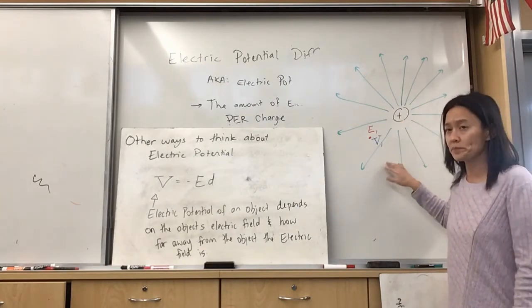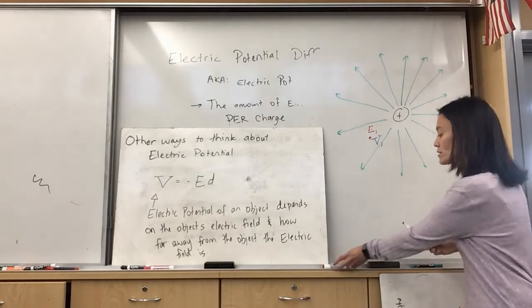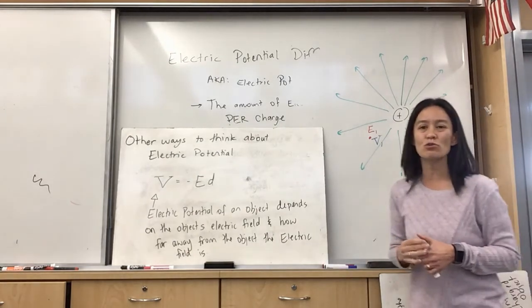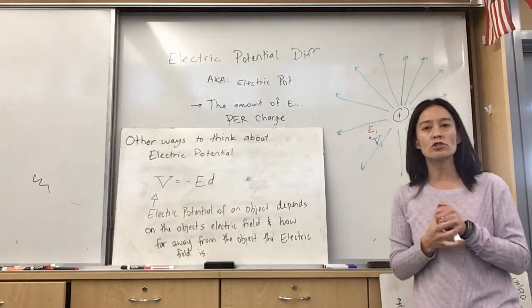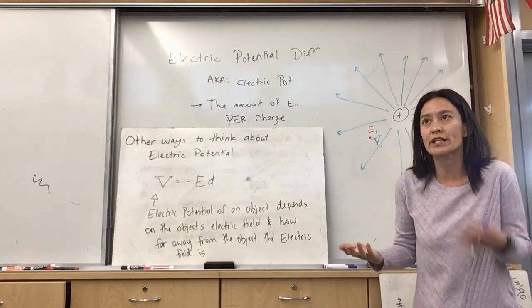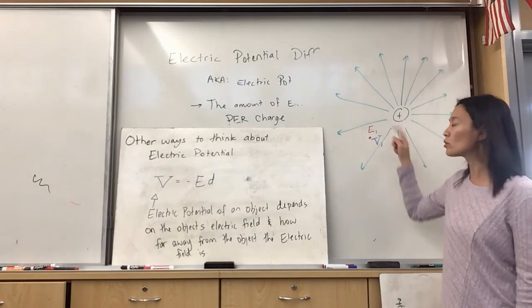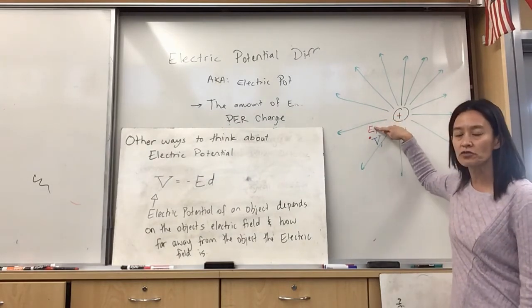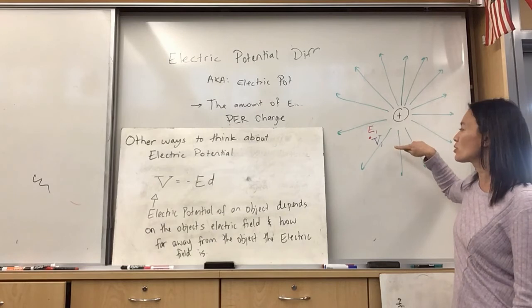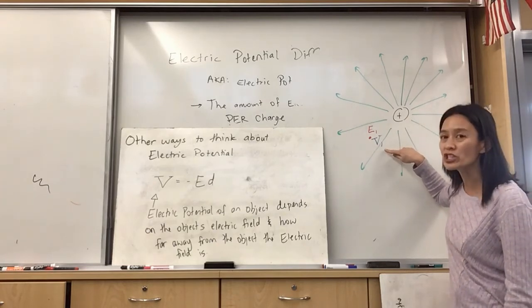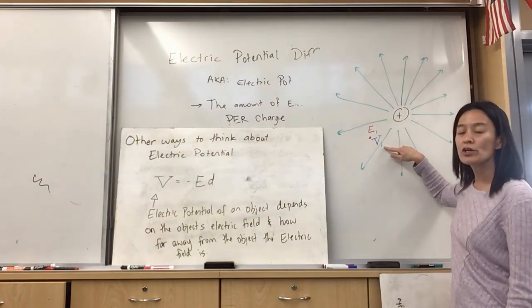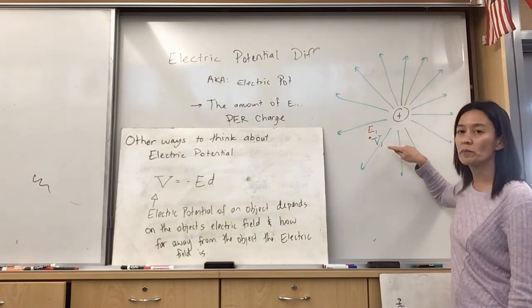Am I thinking about it in terms of its electric field, or in terms of its electric potential? The reason we have these two different terms to describe how influential the charge is, is that it's a lot easier to think about the force exerted via the electric field, and a lot easier to think about the amount of energy potentially there due to the electric potential.